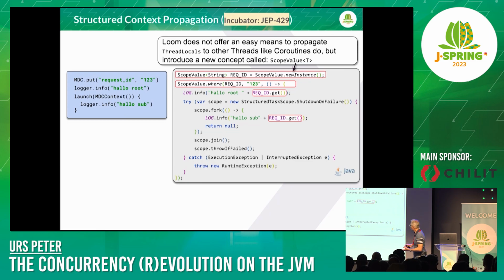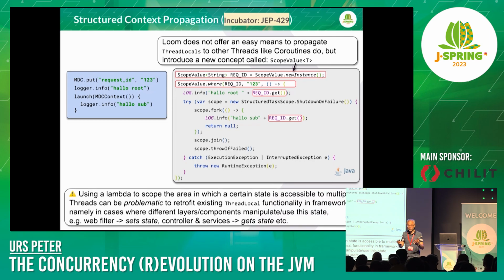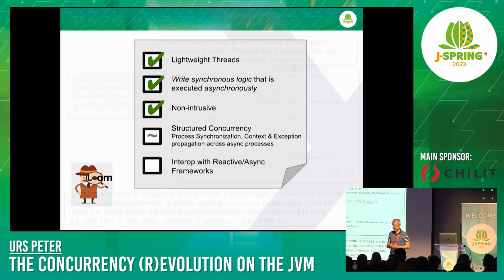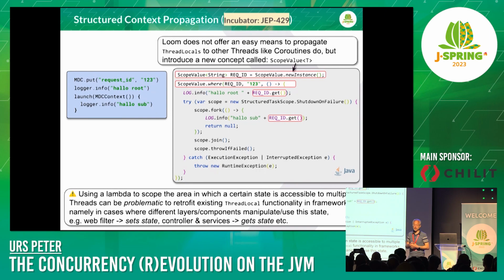When you look at it like that, it sounds like a good idea, but when it comes to interop with existing frameworks that still heavily rely on thread locals, that's going to be a nightmare. Because you cannot propagate thread local state easily to other kind of these scopes. I mean, we will see it later on. You can, but you have to do it manually.